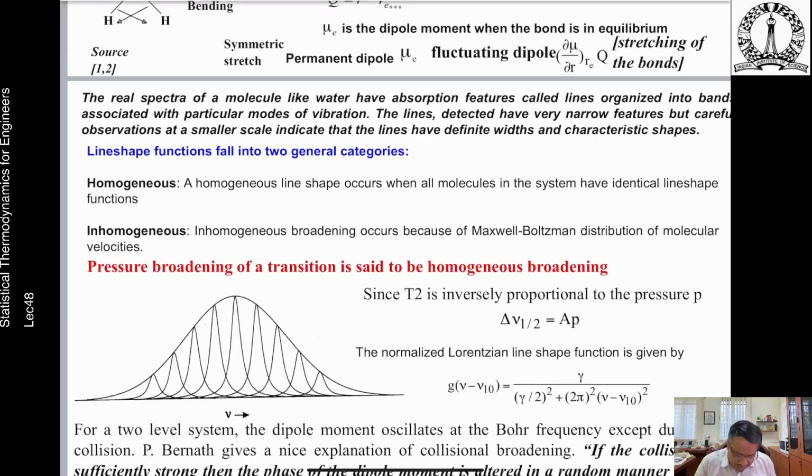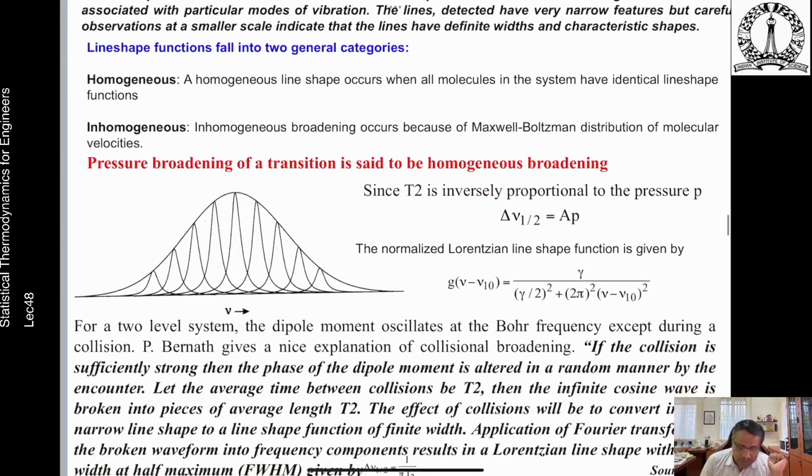So we noted that the line shape functions basically fall into two categories: homogeneous and inhomogeneous. Homogeneous line shape occurs when all molecules in the system have identical line shape functions. Inhomogeneous broadening occurs because of the Maxwell-Boltzmann distribution of the molecular velocities.